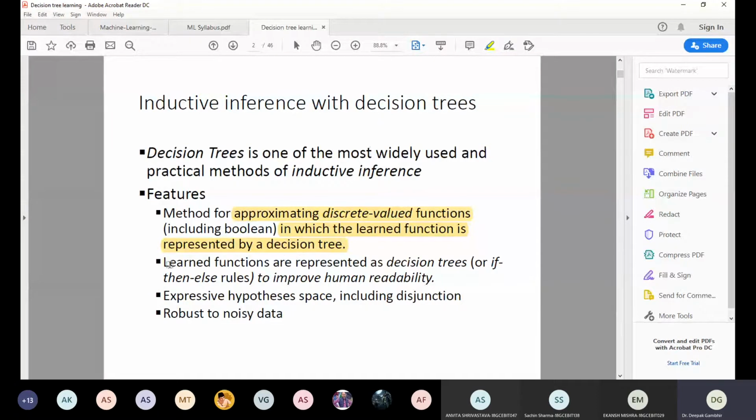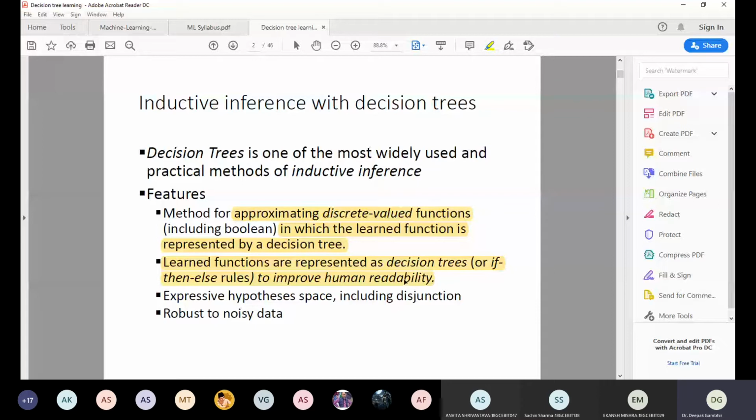This is to improve human readability, as in the case of if-then-else rules. That is, if this is true or else this is true. We have studied that in the case of decision trees.